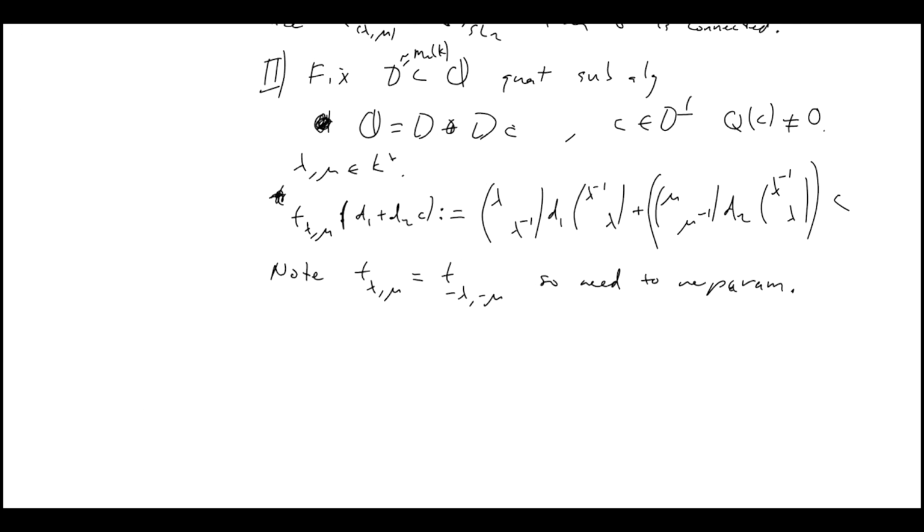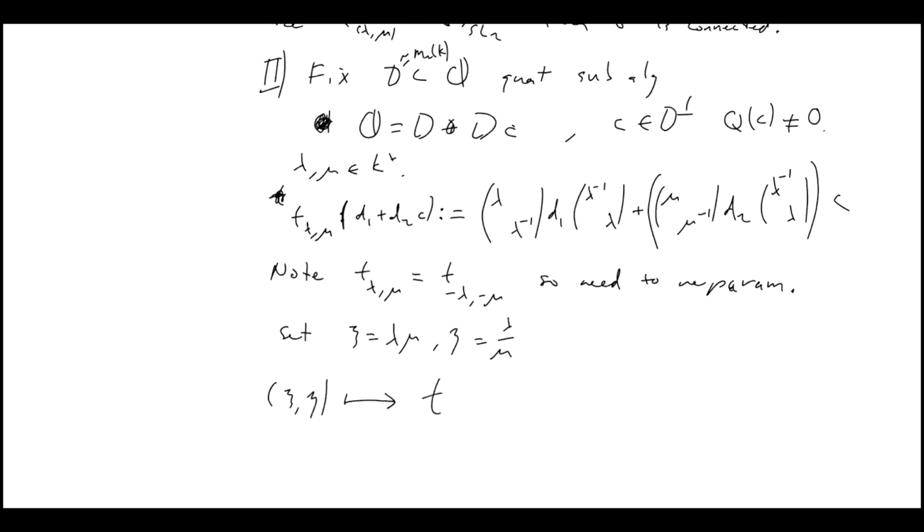Okay, so let's just set C to be lambda times mu, and eta is going to be lambda over mu. And then we can do the following. So this is the reparameterization that we need to correctly realize the maximal torus.